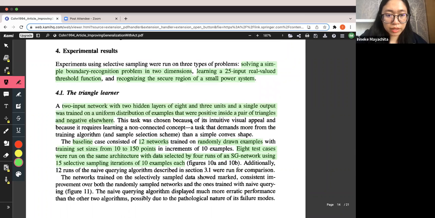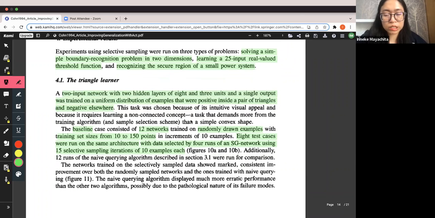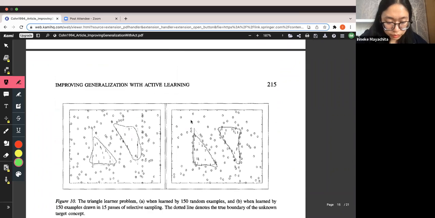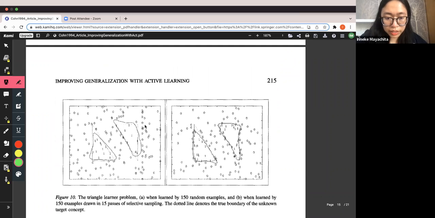So here they implement this network in 3 different problems. The first one, they simply compare this SG network with the naive learning approach, and how the concept is learned by the SG network compared to this naive approach.